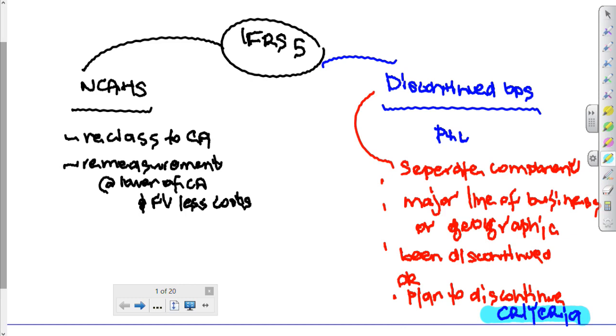But if we have a significant component of our business, which is either a major line of business, so I'm discontinuing the business colleges, or let's say I'm discontinuing the sports management or the law lectures, but I'm continuing with the rest, a major line of business, or geographic, I'm closing down a certain branch or geographic area, and it's either been discontinued already, so during the year I've closed it down, or I have a plan to discontinue.